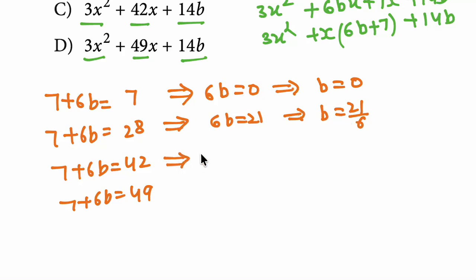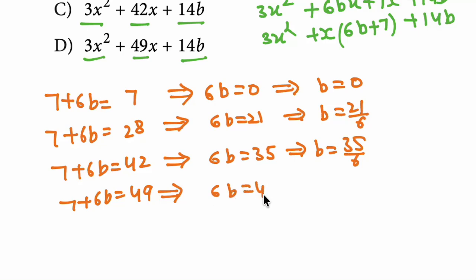If I solve the third one, subtracting 7 on both sides, 6b is equal to 35. This implies that b is equal to 35 by 6. And if I solve the fourth one, then 6b is equal to 42, and this implies that b is equal to 7. So this is the only value which is giving me an integer.